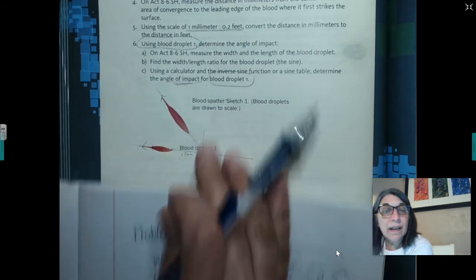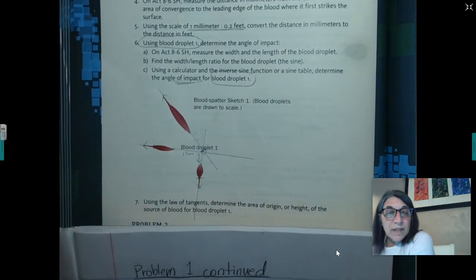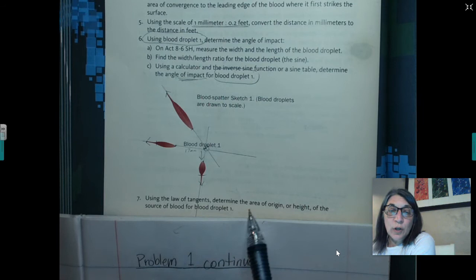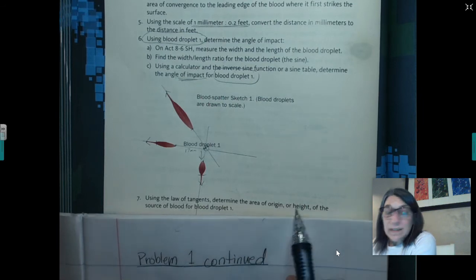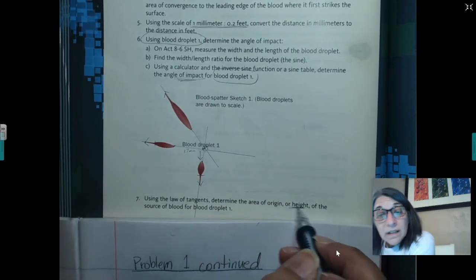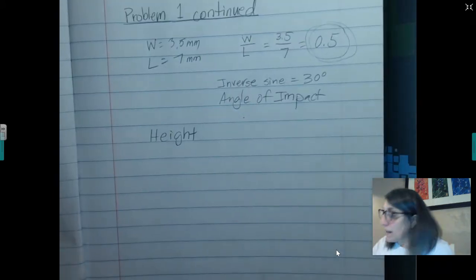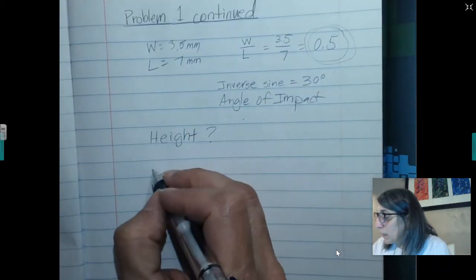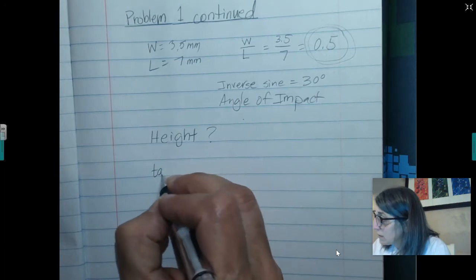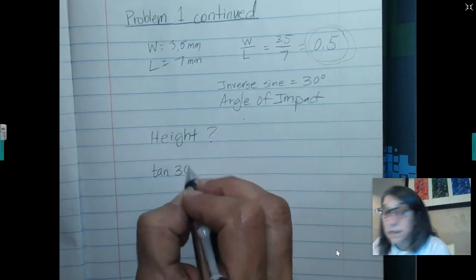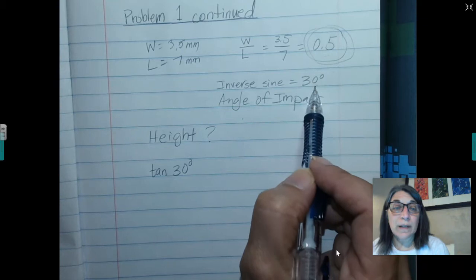So the last step, number 7, says use the law of tangents to determine the area of origin or height, the height of the source of blood. So I need to find the height. That's what I don't know. And so we said we can use the tangent of 30 degrees, because that was what the inverse sine was.